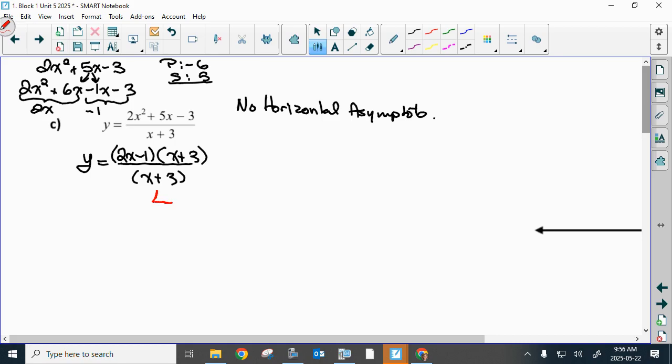Now guys, there's only one NPV. X cannot equal negative 3, and that factor eliminates. What we're left with is just this. That's not a rational. That's a linear function. Do you guys see that that's a linear function? So this is going to be a point of discontinuity.